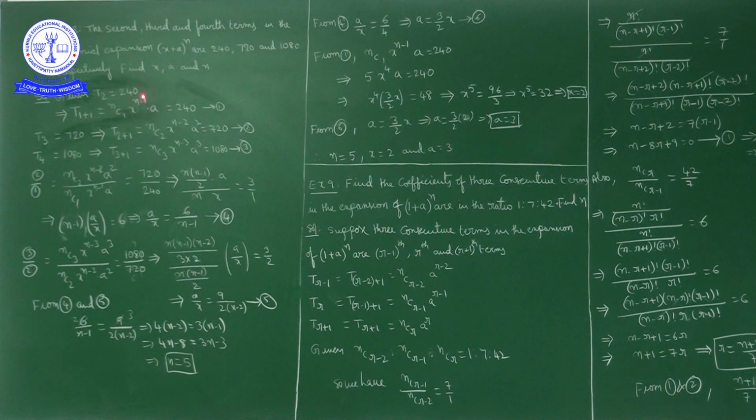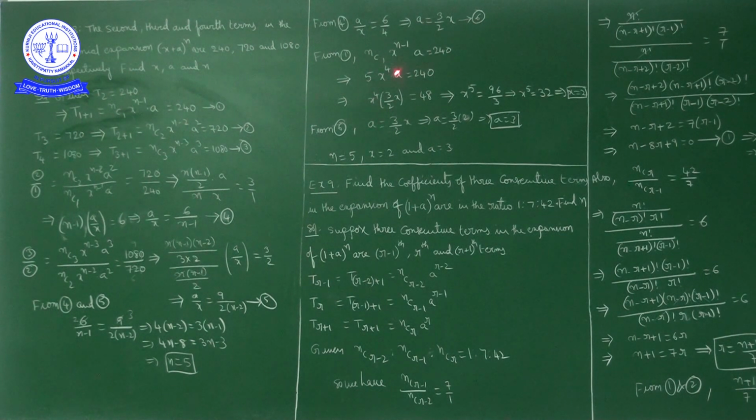Now from 1, we have NC1 into x power (n minus 1) into a is equal to 240, where n value is 5. So 5C1 is 5 into x power (5 minus 1), x power 4, into a is equal to 240. But what is a? a is 3 by 2 into x. In place of a, write 3 by 2 into x. Here 5 cancels on both sides.